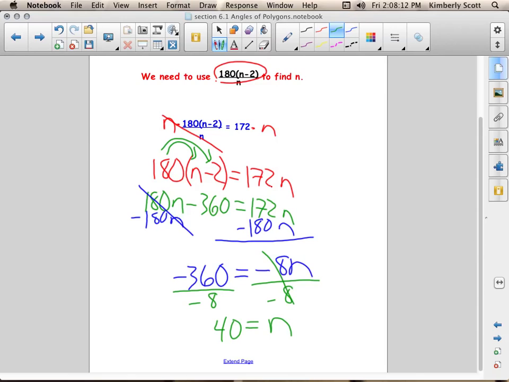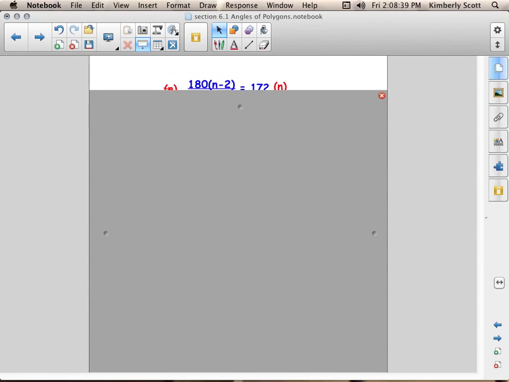Something's clearly wrong. What did I screw up on? Well, I'm recording dead air, so let's go to the other page and see if I screwed up on something, because something seems wrong there.